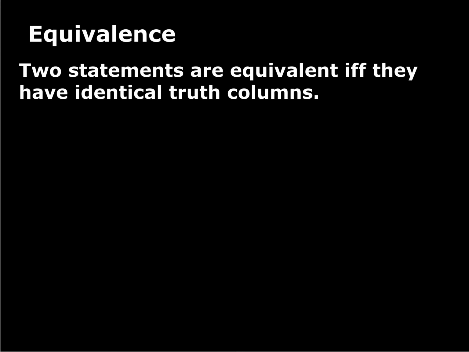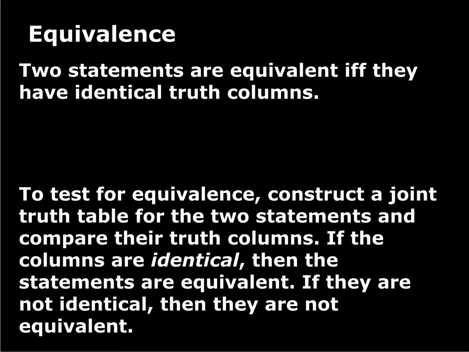So the first relation is equivalence. And here's the definition. 2 statements are equivalent if they have identical truth columns. So to test for equivalence, you construct a joint truth table. That's just one truth table that has both of those statements on it.